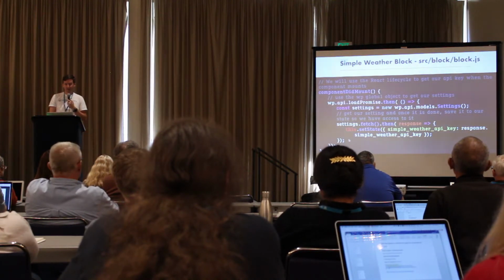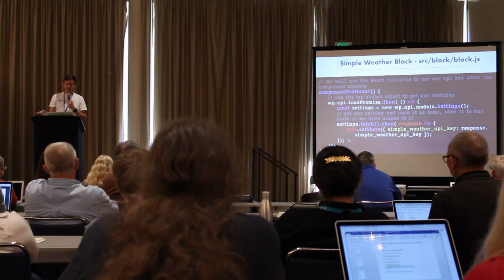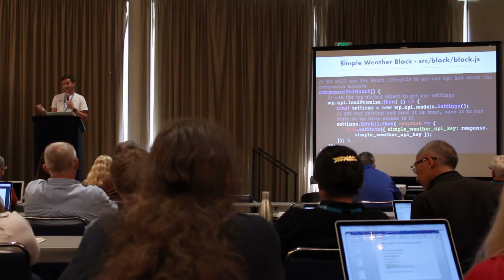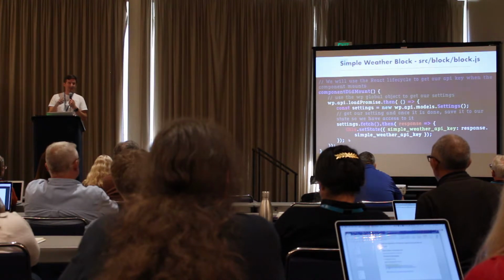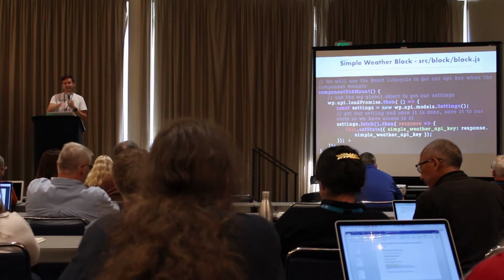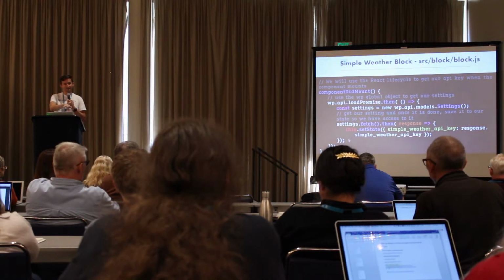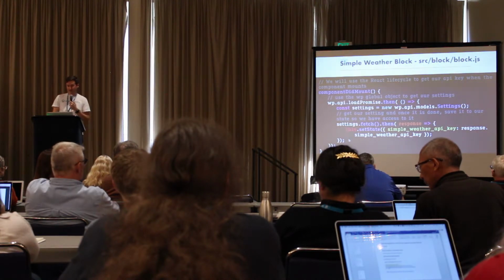And we're just going to use the WP API JavaScript to get our Simple Weather API key from the options table, and we're going to save it to the state. State in a component sense is data that it keeps track of that is specific to that component. So it'll just make our component aware of this API key.